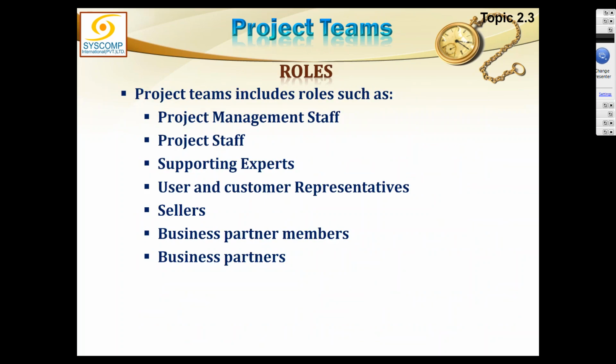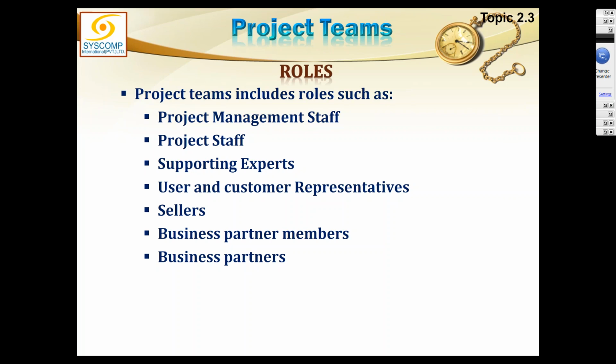What roles are there in a project team? As I have already explained to you, naturally the project manager is there, then the project management staff, which includes the supervisors, the assistant project managers, or other planning staff or management staff working with the project. Then there is the project staff who are actually involved in the project, but then we also have other people who are on and off becoming available to the project for certain jobs, and then they leave.